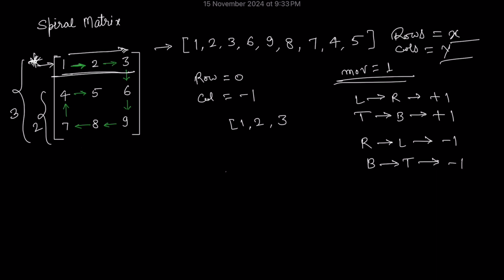Because left to right, the column number will increase, and top to bottom, the row number will also increase. But if we go from right to left, the column number will decrease, and if we go from bottom to top, the row number will also decrease. So in that case we have to use a move of -1.